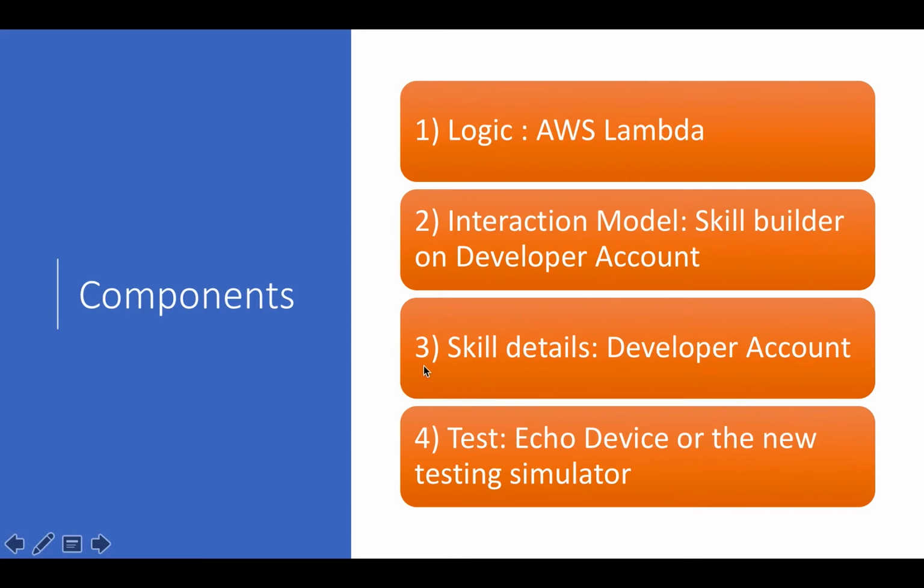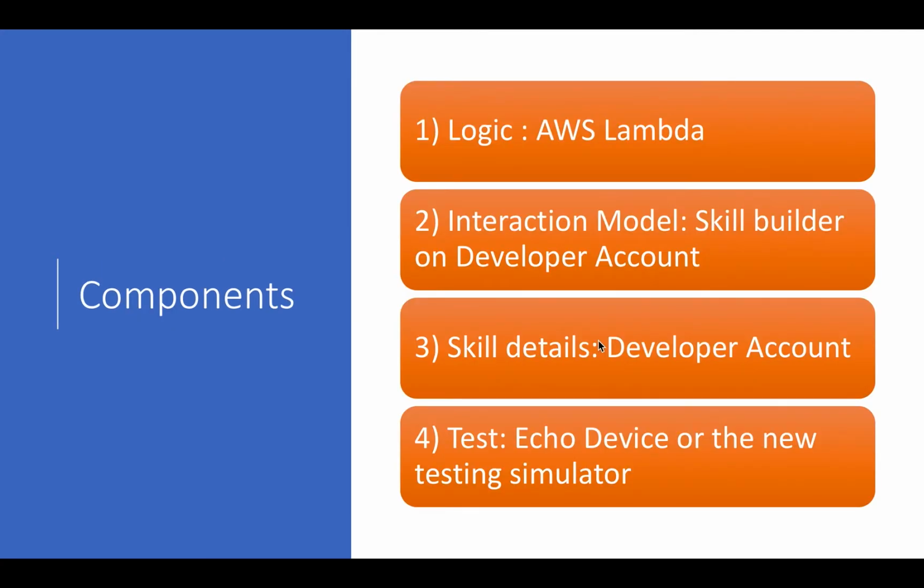We need to set up the skill details, for example, the name of the skill, how we will call the skill, that kind of stuff. And finally, we need to test our skill, because if we don't test our skill, we don't know if it's working or not. So we'll go through each of these components before we can say that we successfully made a skill.